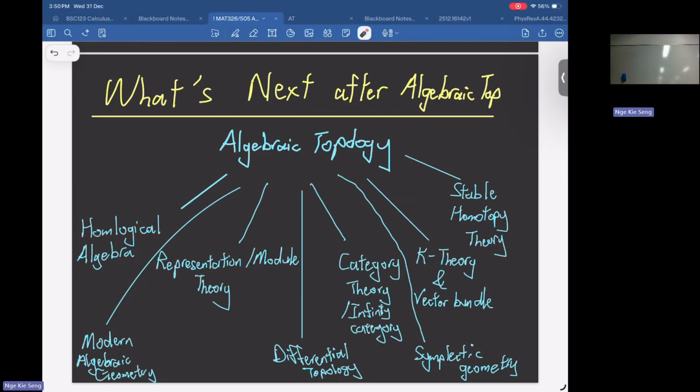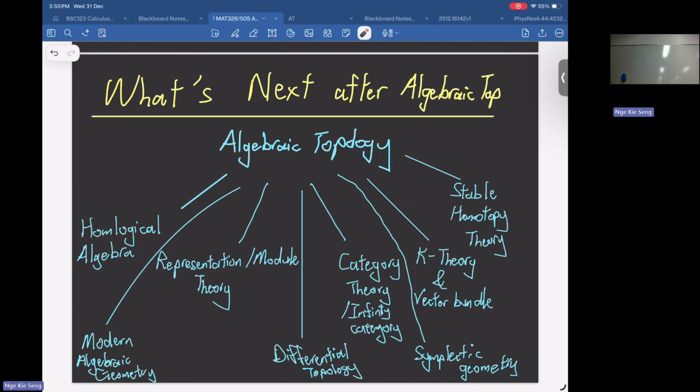Next part is homotopy theory. We talked about it last time, but I think it's not enough to just learn the homotopy theory inside the algebraic topology textbook, because you need something else to help you, like stable homotopy theory or K-theory, like the bundle. I think vector bundle is what you agree on.